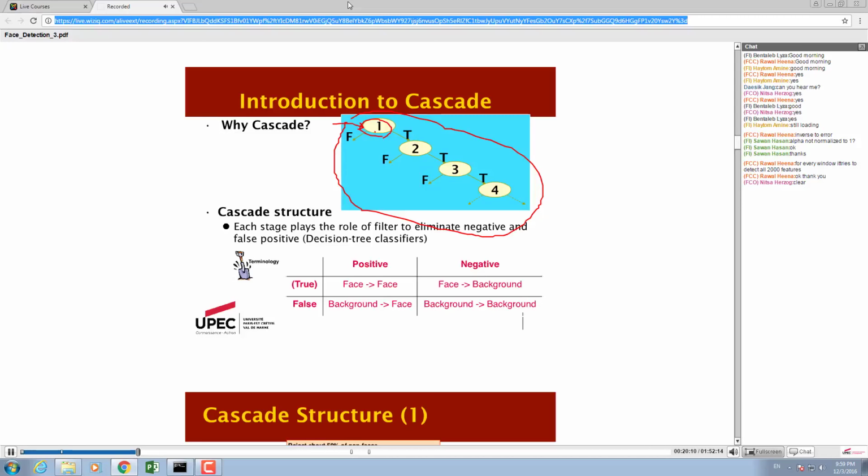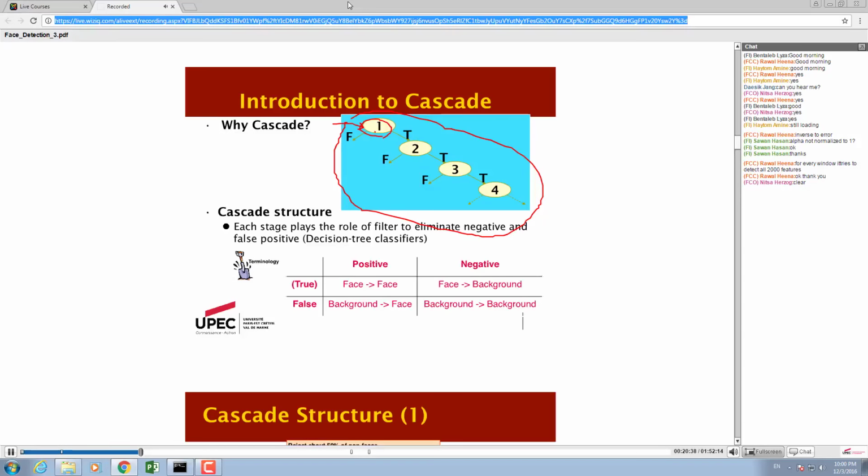After classification in stage 1, we can say yes or no, true or false, because the classifier in this paper for face detection is basically binary classification, right? So it's face or not. True means face. False means non-face. So the stage 1 classifier classifies the input image as true or sometimes as false.